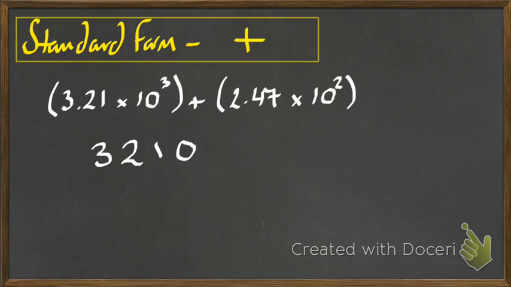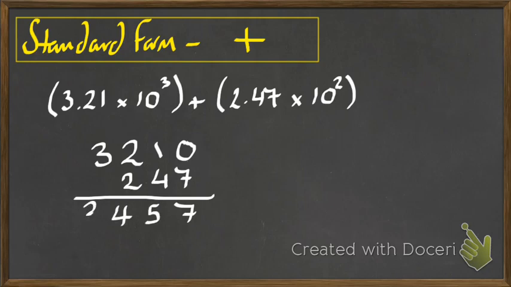Let's take 2.47 times 10 to the 2. Well, I'm going to move the decimal places to the right because that's what it tells me to do there, and that gives me 247. Then I add those up, 7, 5, 4 and 3, and then I convert back into standard form.